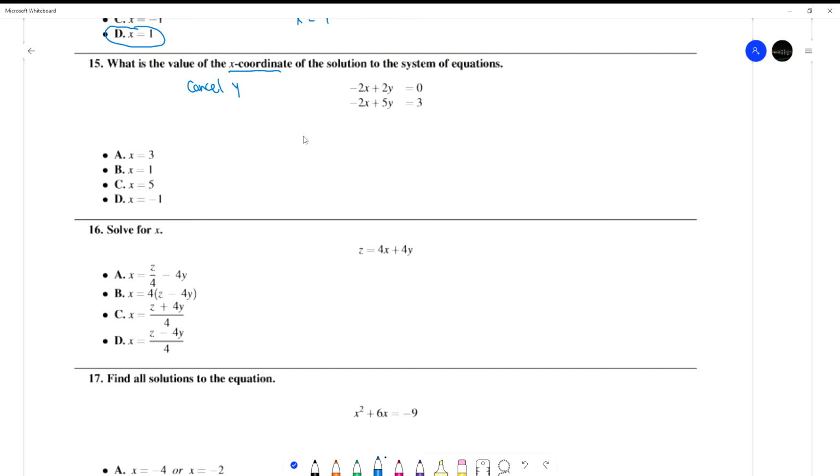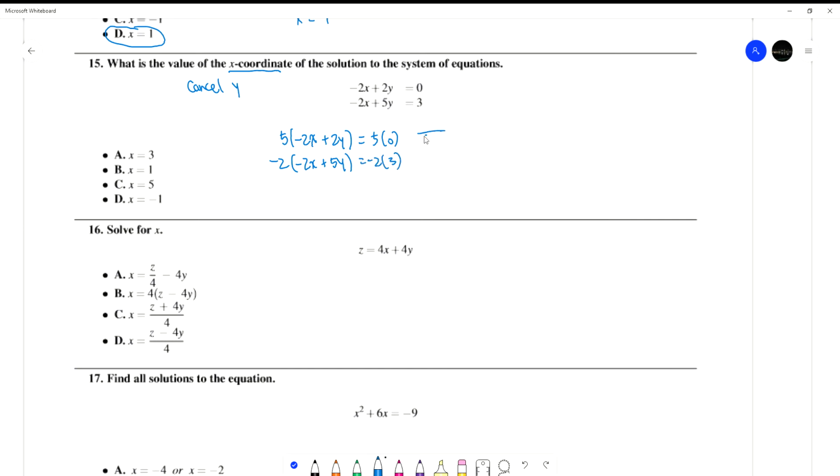So I have 5 times negative 2x plus 2y is equal to 5 times 0. And then the second equation I multiply by negative 2. Negative 2 times negative 2x plus 5y is equal to negative 2 times 3.